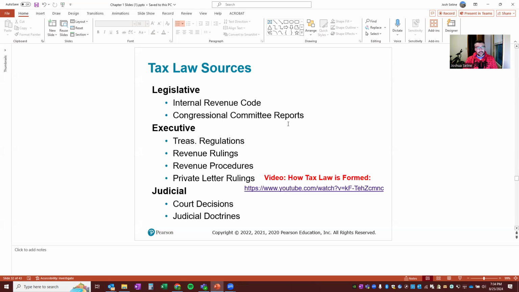Tax law sources. So we've got legislative, that's going to be the IRC and congressional committee reports. Executive: Treasury regulations, revenue rulings, revenue procedures, private letter rulings. Those last three are related to individuals trying to get some insight as to how the IRS might view a complicated tax situation.